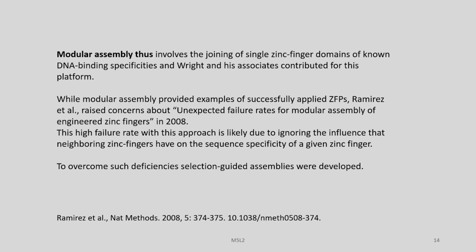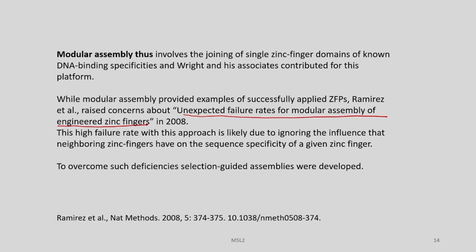While modular assembly provided examples of successfully applied ZFPs, Ramirez and his team raised concerns about unexpected failure rates for modular assembly of engineered zinc fingers in 2008. The high failure rate with this approach is likely due to the fact that they were ignoring the influence of neighboring zinc fingers on the sequence specificity of a given zinc finger.